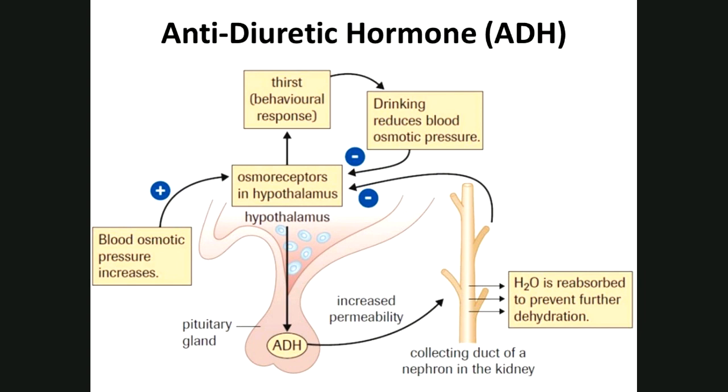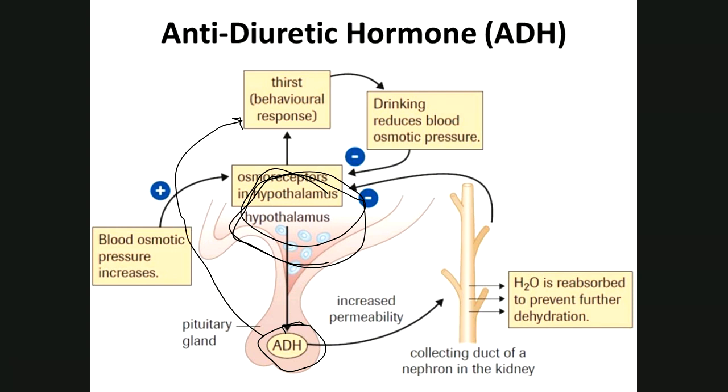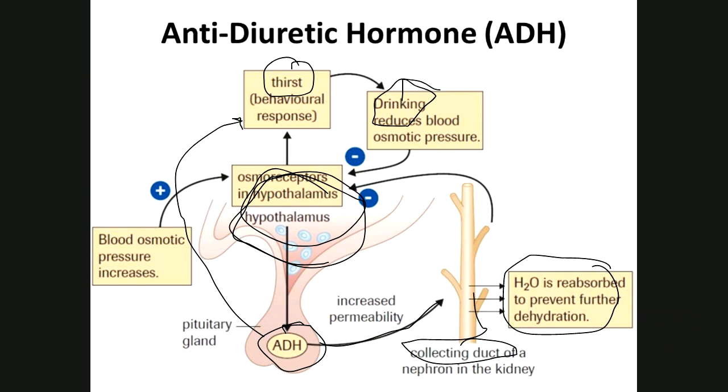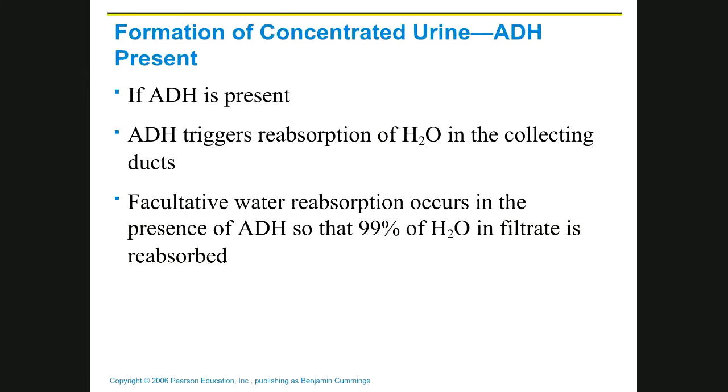So if you are dehydrated, the brain monitors that. And if you're dehydrated, you're going to release ADH. ADH does two things. One thing is it's going to make you thirsty, so you'll drink water. But the other thing it's going to do is go to the kidney, to the collecting duct, and it makes the collecting duct reabsorb water.